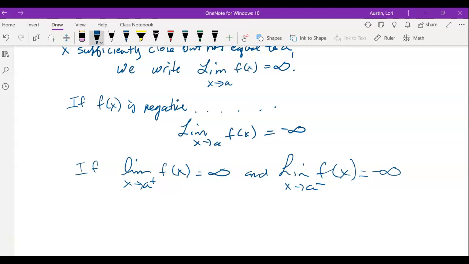You know what I mean by that, right? One could be negative, the other could be positive. Then the limit as x goes to a of f of x does not exist. That's when we write does not exist, when they go differently, that's all.